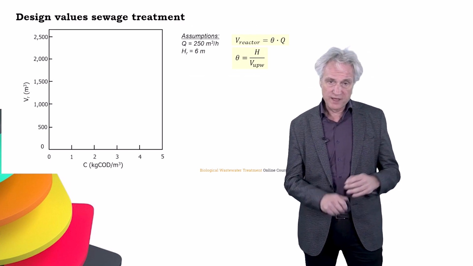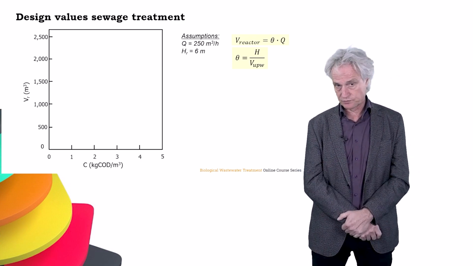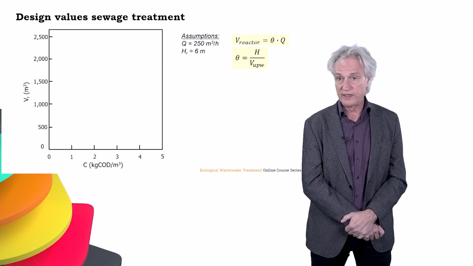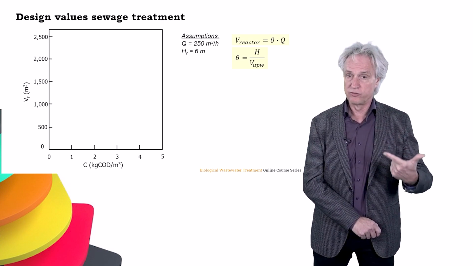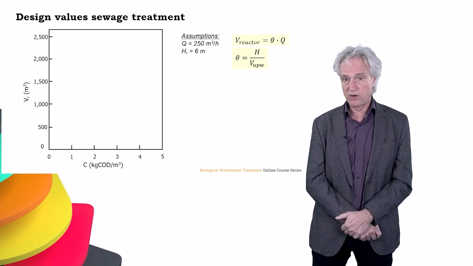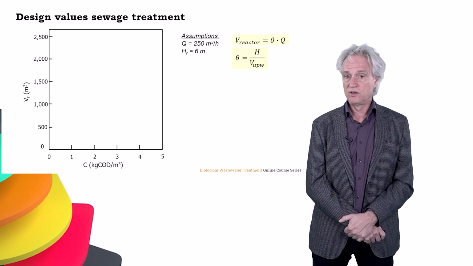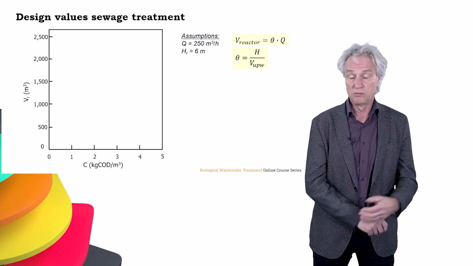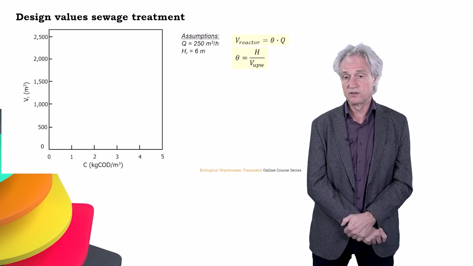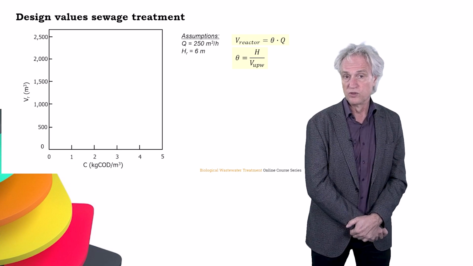Now, with an unknown sewage, if you are going to calculate the volume that we need based on either the hydraulic flow or the organic conversion capacity, we can make a diagram as I will show here. On the x-axis, the concentration of the sewage in kilogram COD per cubic meter is given, and on the y-axis is the total volume of the reactor.